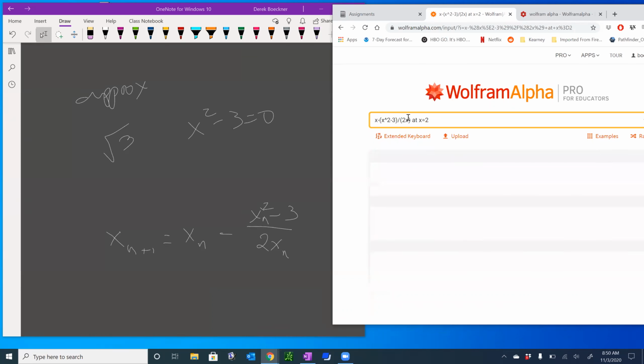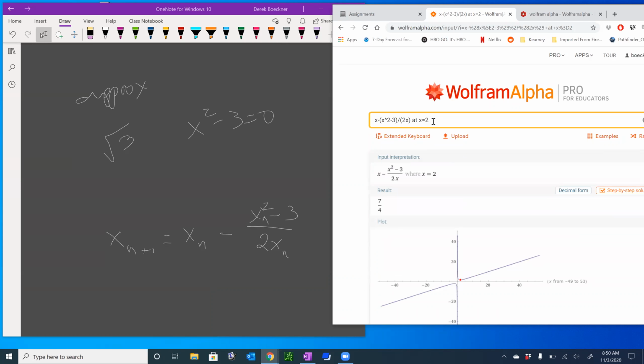I will get a first approximation for the square root of 3, which it tells me is 7/4.